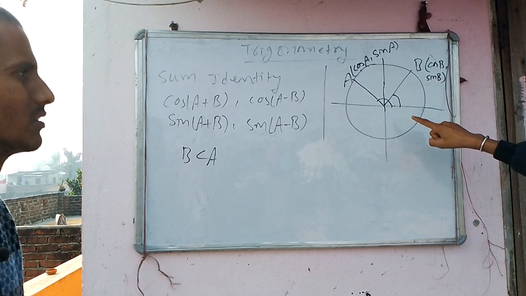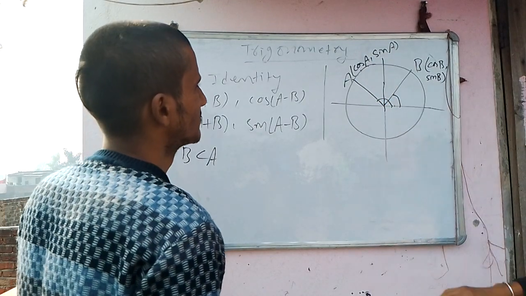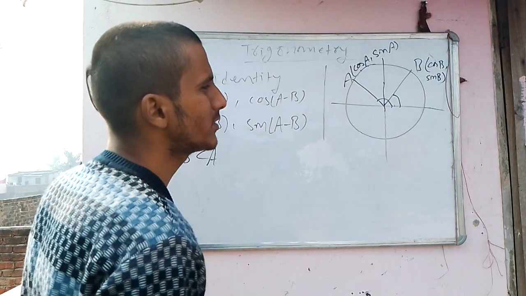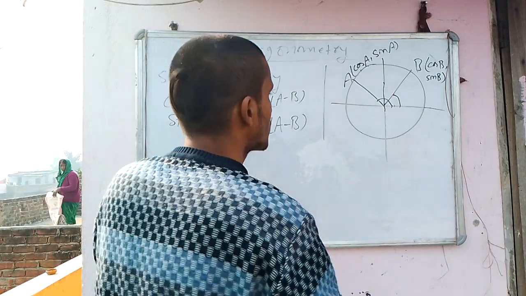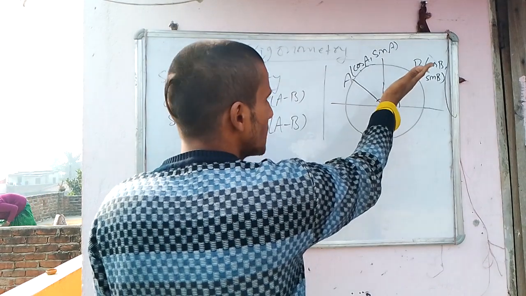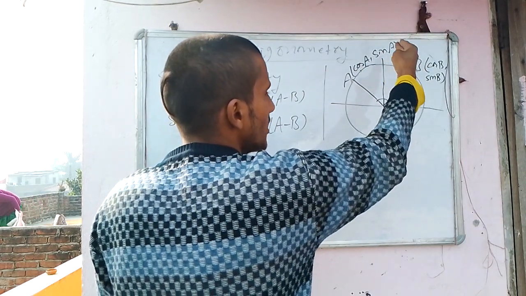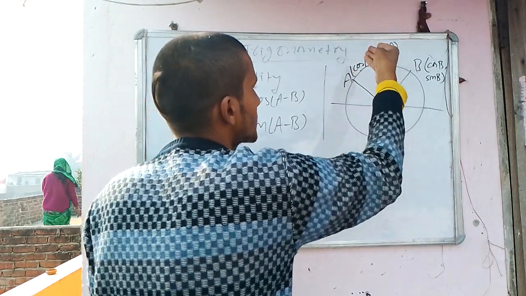Now tell me, on this side sine and cosine are positive? Not necessarily. They can be negative also. If this is in the first quadrant, then cosine and sine both are positive. If it is in the second quadrant, then cosine will be negative but sine will be positive.